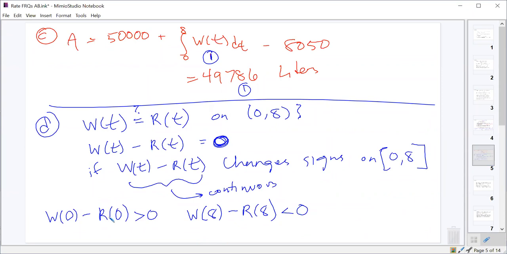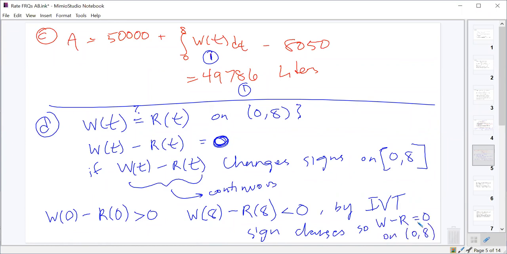And so, because of the sign change, we can say that W minus R must equal 0 somewhere on 0 to 8. And if W minus R equals 0, then W equals R. Your justification would be the intermediate value theorem.